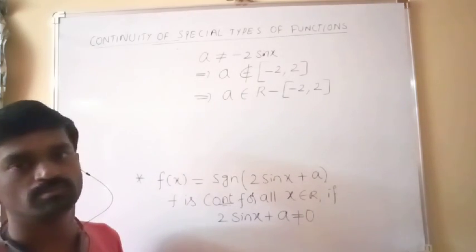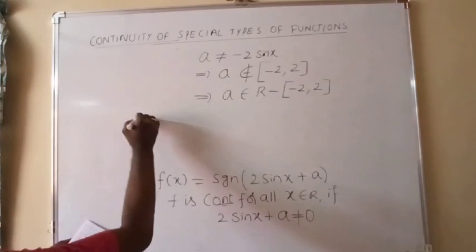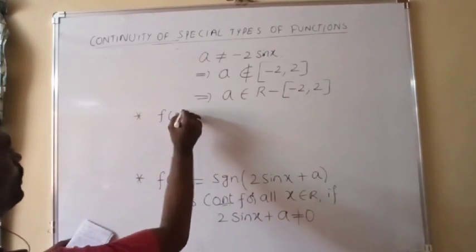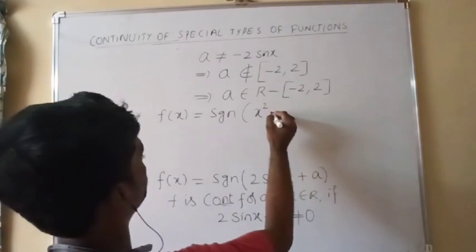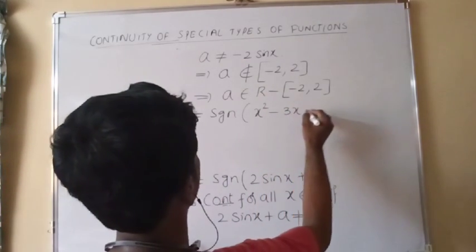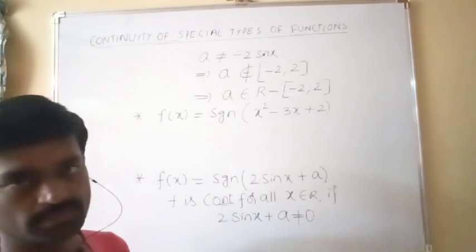So these are some different model problems, and you try these problems. First problem: f of x is equal to signum of (x square minus 3x plus 2). You find the points where it is discontinuous.